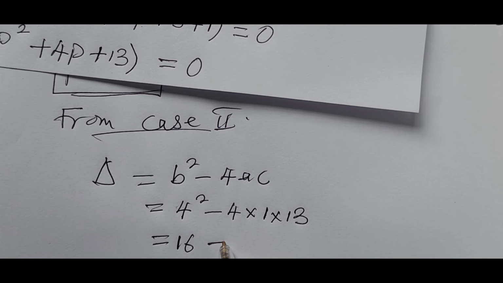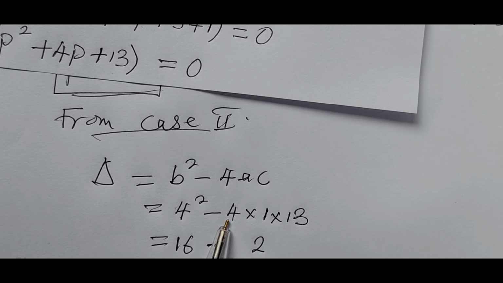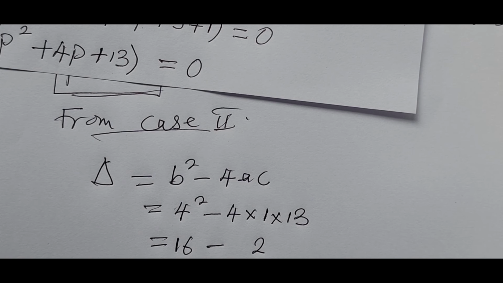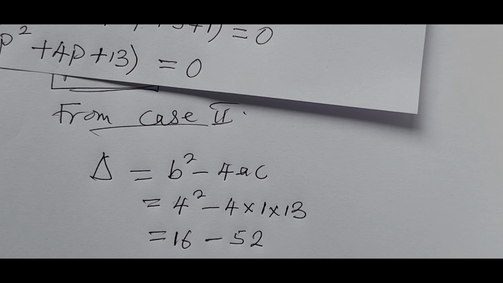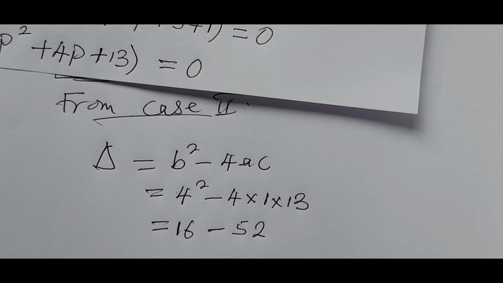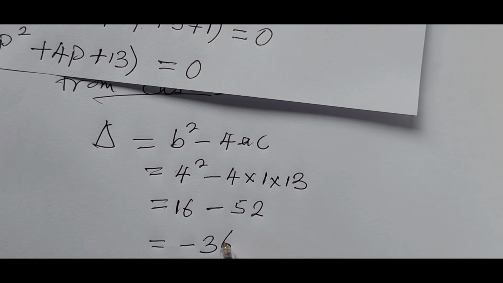Then minus 4 times 13 will give us 52. So if we subtract 52 from 16, this is going to give us minus 36, right?